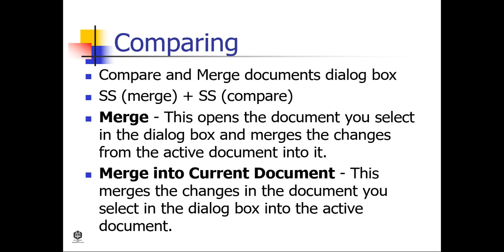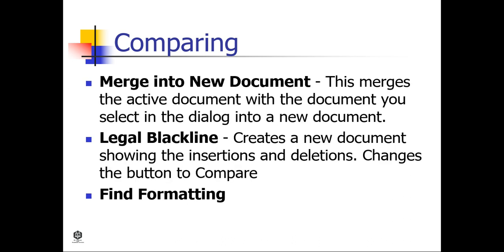Merge opens the document selected in the dialog box and merges the changes from the active document into it. Merge into current document merges the changes in the document selected in the dialog box into the active document. Merge into new document merges the active document with the document selected in the dialog box into a new document.